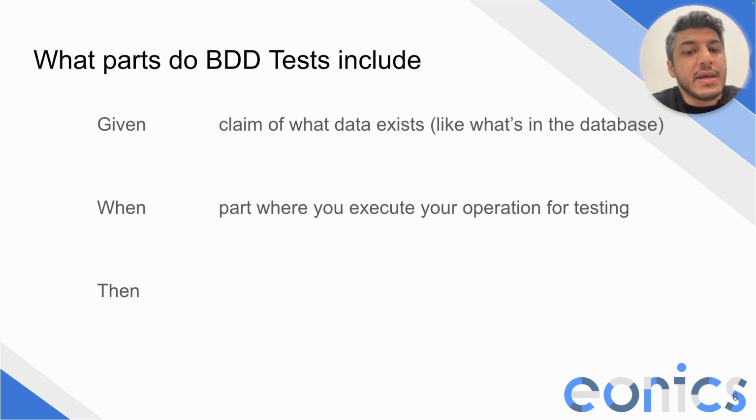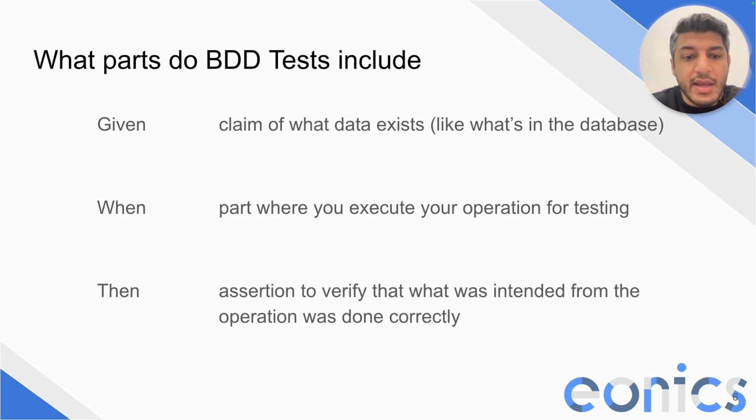The when part is where you execute your operation for testing, and the then part is the assertion to verify that what you intended from the operation was actually done the way you wanted. So basically, assert whether your service has done its job.